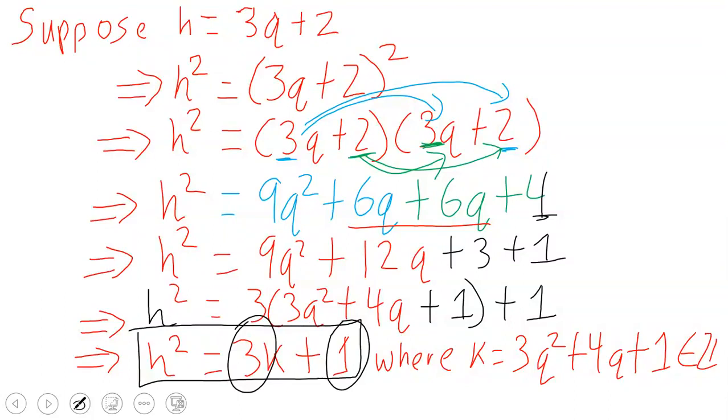All right? So we considered all cases. So how are we going to conclude? Therefore, right? That's how we're going to conclude. So we know that in all cases, we either got 3k or 3k plus 1.